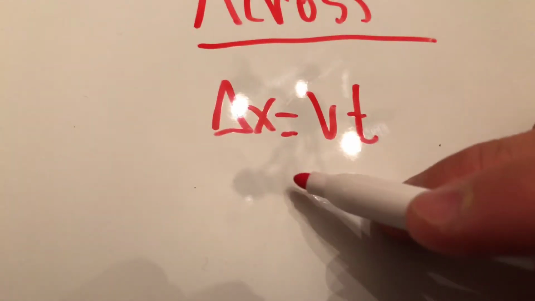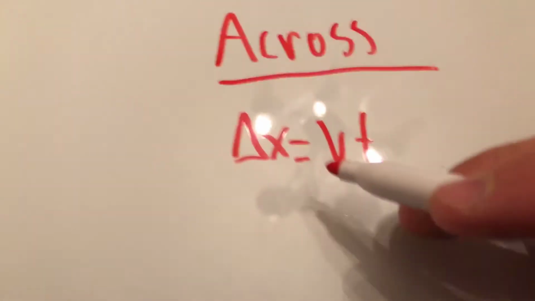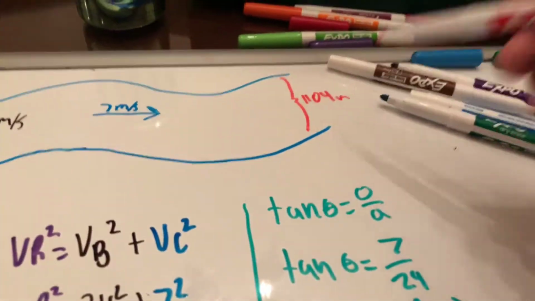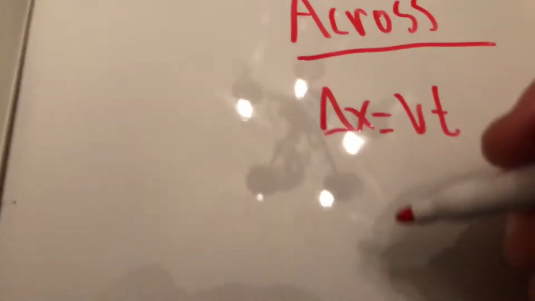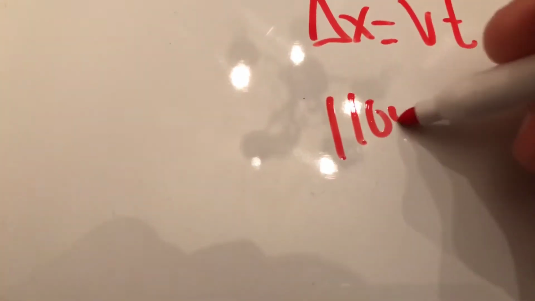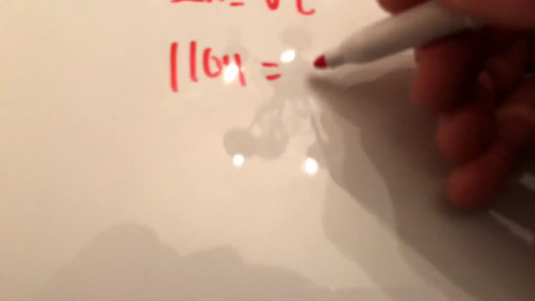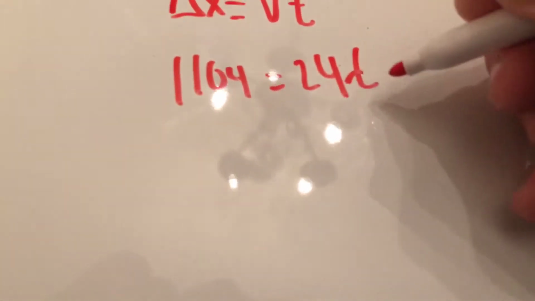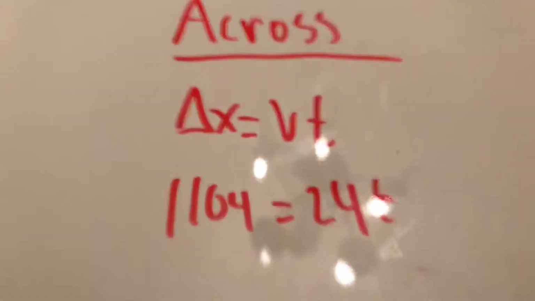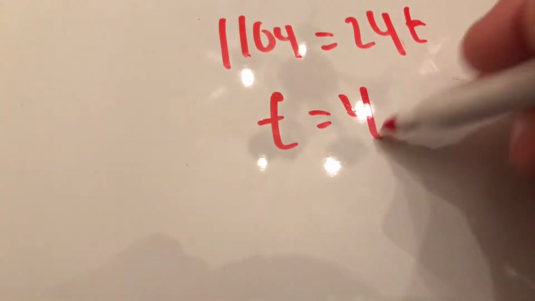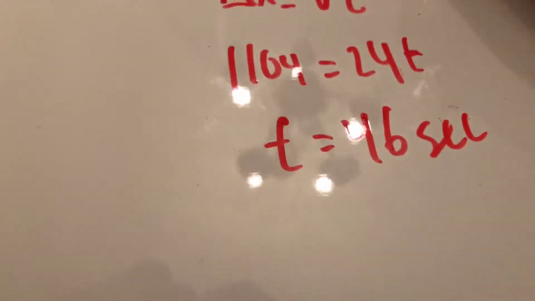And I know that this delta x is, I didn't mention it, but 1,104 meters. So I can just plug that right in. And I know the velocity because I was given that, so 24t. And then from there, it's just basic algebra. So time is equal to 46 seconds.